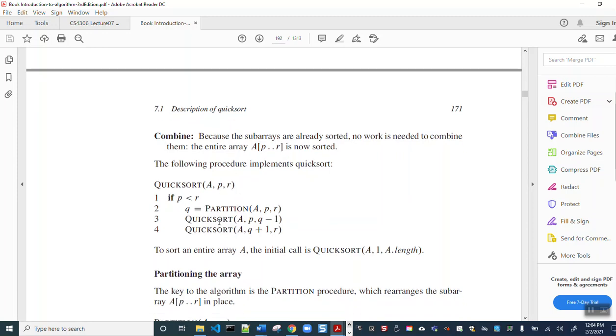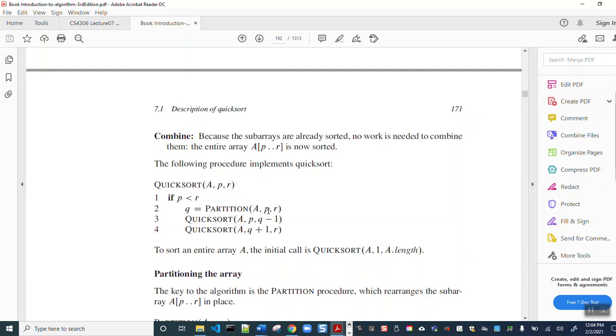Quicksort calls itself, and it also calls another method called the partition method, which returns a value q. It takes the same array and passes two arguments, p and r.